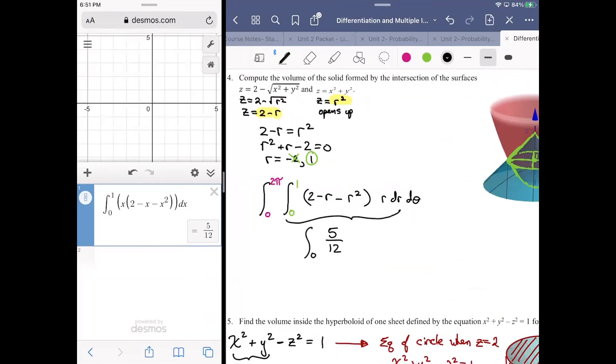That's being integrated over the interval of 0 to 2 pi, d theta, so 5 theta over 12 over the interval of 0 to 2 pi. So we're talking 10 pi over 12, which reduces to 5 pi over 6.